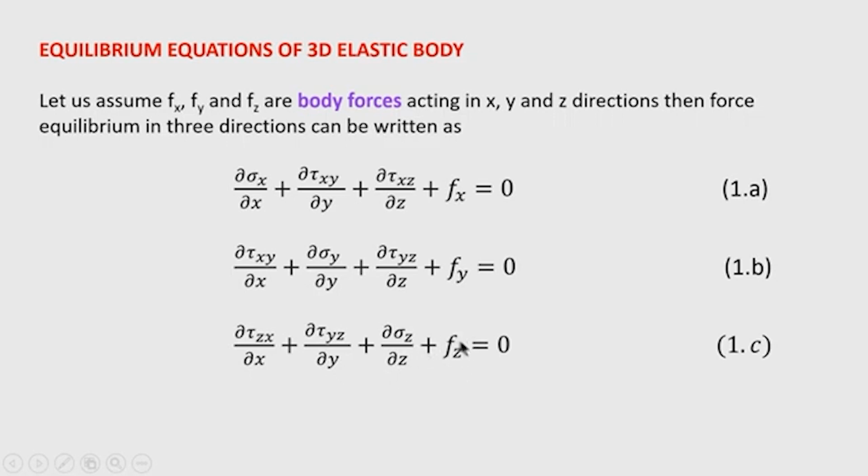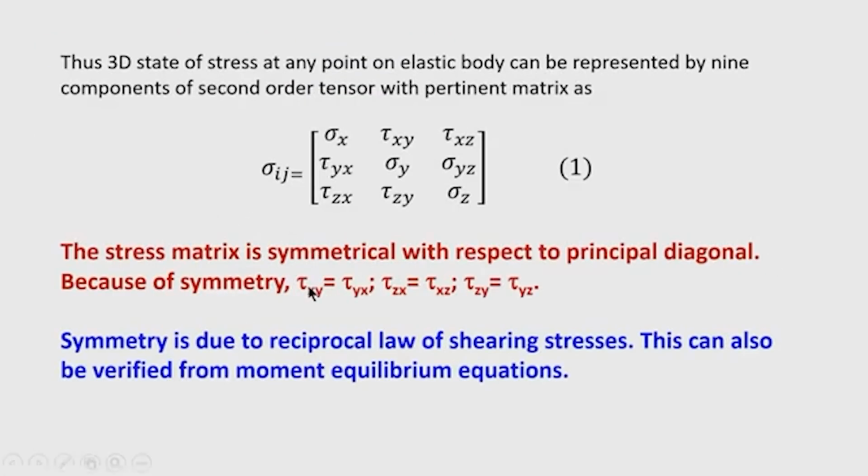F z is the body force component in the z direction. So, these are components of the body forces in the x, y, z direction. So, the three equations of equilibrium that I have written here are from force equilibrium condition. The other three equations of equilibrium are from moment equilibrium condition.